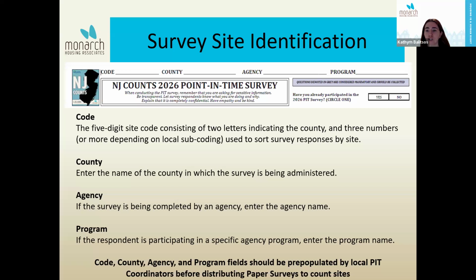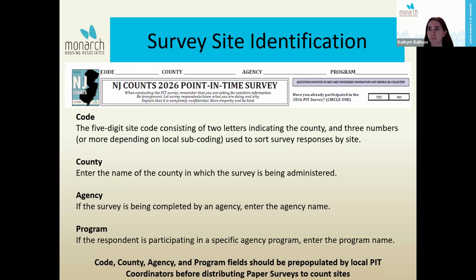Okay, so now we're getting into the survey site identifier part of the survey. At the top of the survey, this should already be filled out on your paper surveys by the local PIT coordinators for whichever location you're at. The code will be 2 letters that indicate the county, and then 3 numbers depending on each county and place, to sort the surveys by response site.